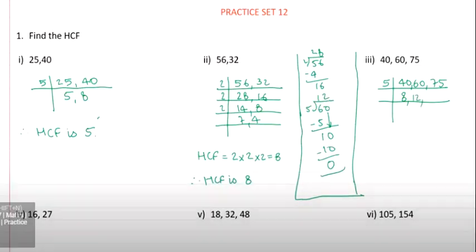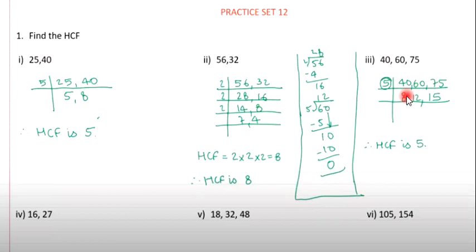Similarly, when you divide the last number by 5, now the numbers that we have are 8, 12 and 15.